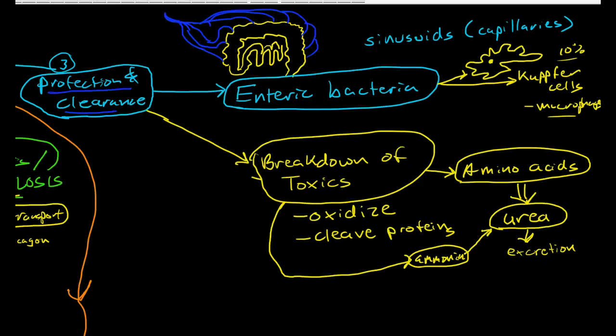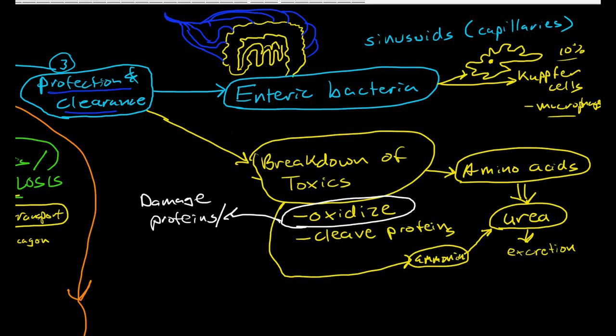Now, interestingly enough, since one of the central ways that the body breaks down toxins is by oxidizing them, remember, oxidation via free radicals can damage and break down proteins. So obviously it can directly damage important proteins in the body, and it also can damage DNA.